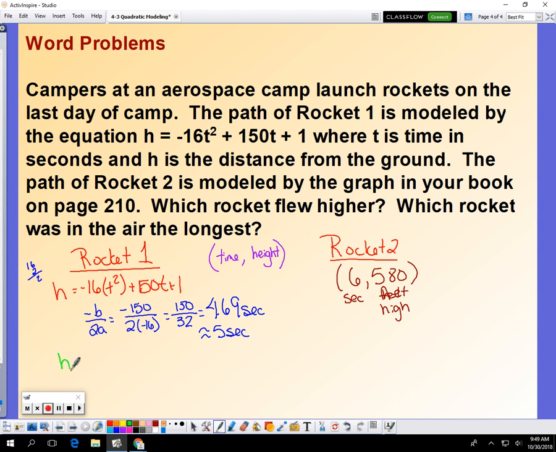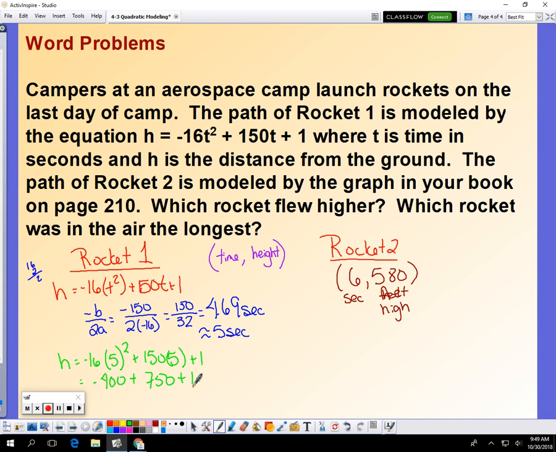So we're going to take height equals negative 16 times, and we'll go ahead and use 5, squared, plus 150 times 5 plus 1. So we have 16 times 25 for a negative 400, plus 150 times 5 for 750, plus 1.